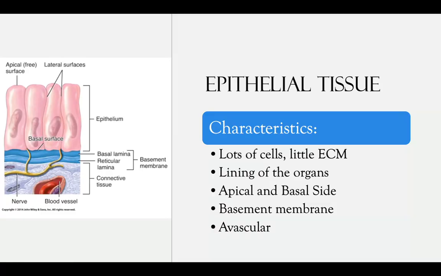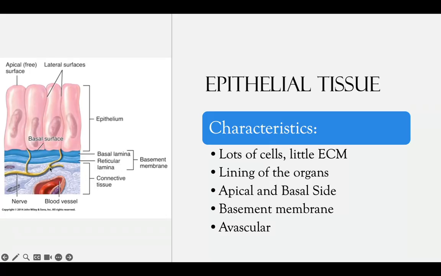The reason is epithelial tissue is avascular. Okay, so let's think about what avascular means. Anytime you see the letter A in front of a word, it typically means without. So, without vasculature, epithelial tissue does not have its own blood supply. Epithelial tissue relies on the blood supply of connective tissue.